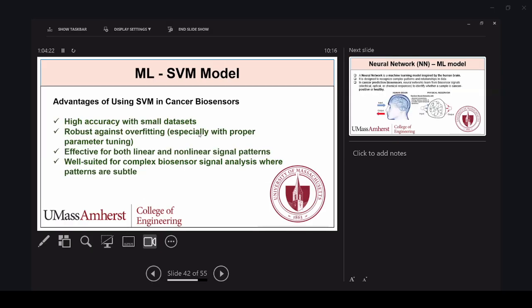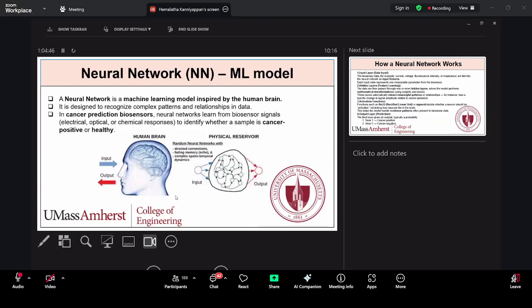So, the advantage of SVM: I know that SVM is a basic model, so we just wanted to start with something basic, easy to understand, and easily applicable to the cancer biomarkers. Then we started with SVM. The neural network model is a machine learning model inspired by the human brain.